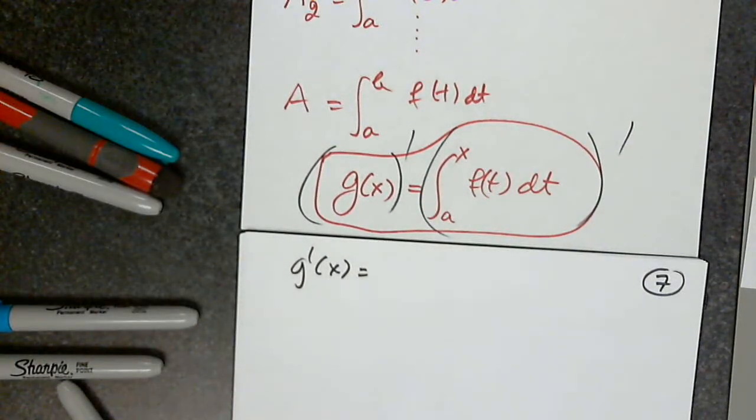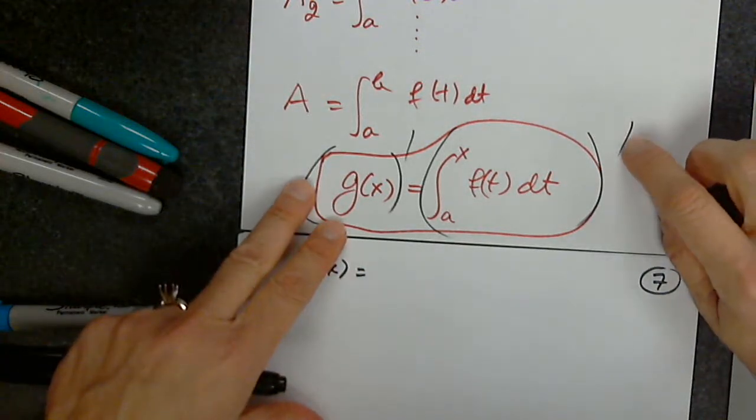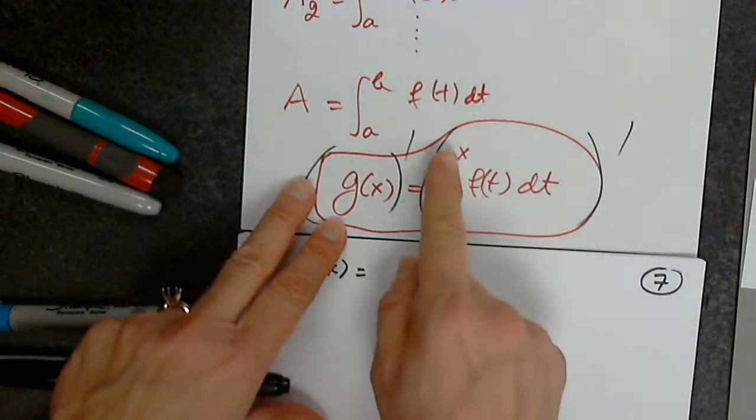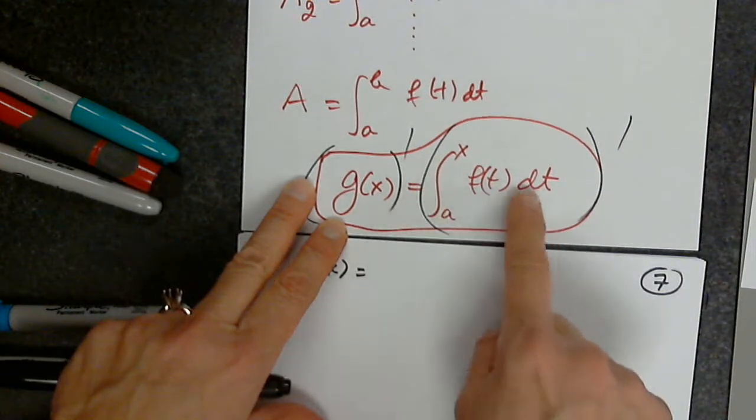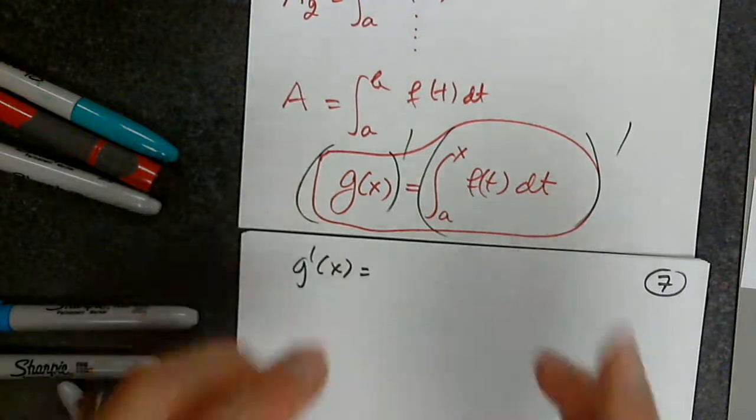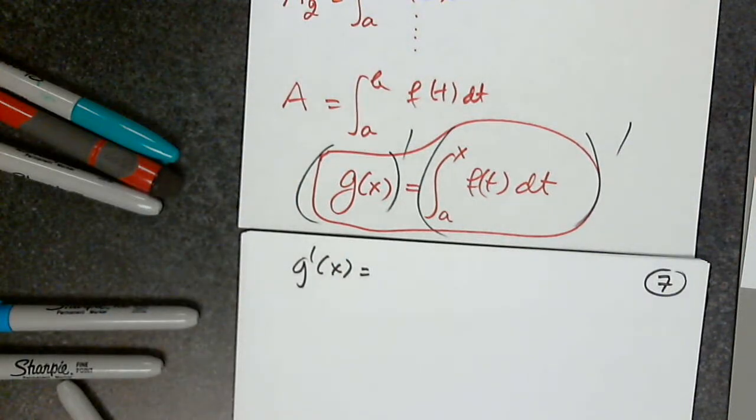So I differentiate the left-hand side, I get g prime. Can you tell me what we get on the right-hand side? Of course, this operation will take care of this operation together with this. But the right-hand side must be a function of x. What do you think we'll have on the right-hand side?